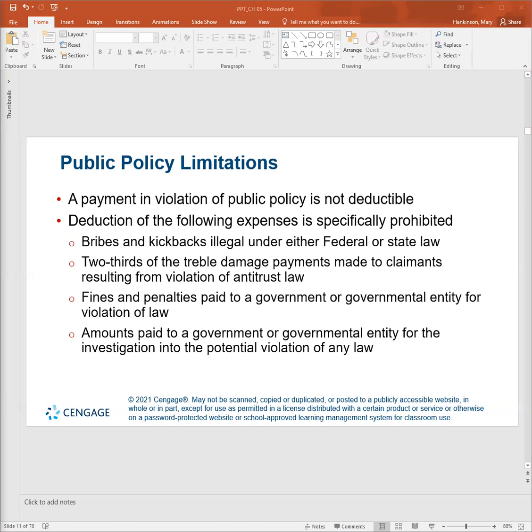For purposes of the above rules, any entity that regulates a national securities or commodities exchange is considered a governmental entity.